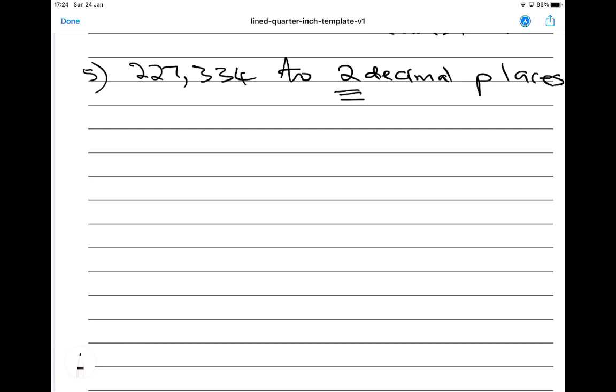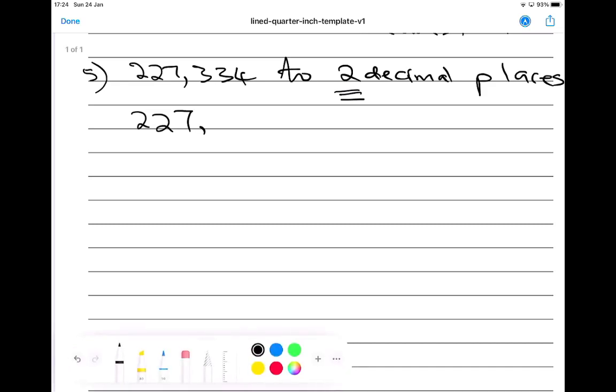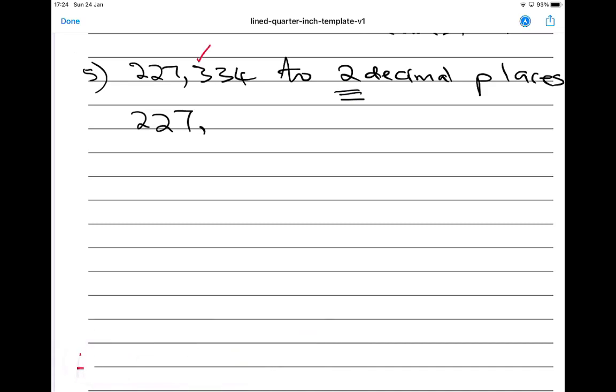Right now you can see there are 3 digits after the comma. Now we are going to follow this process here. 2 digits after the comma, you need to count immediately after the comma your 2 digits. Like that, 3 is your first digit and the other 3 is your second digit. So you want 2 decimal places, so you count 1, 2, so that is where you are.